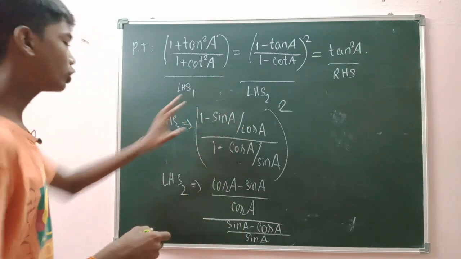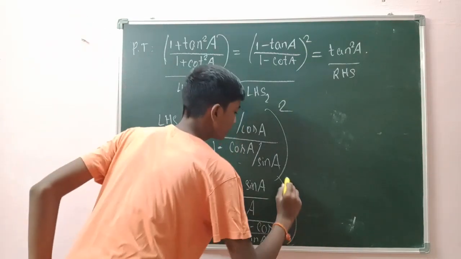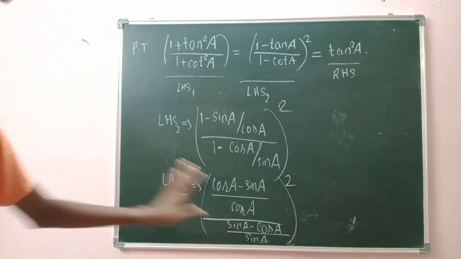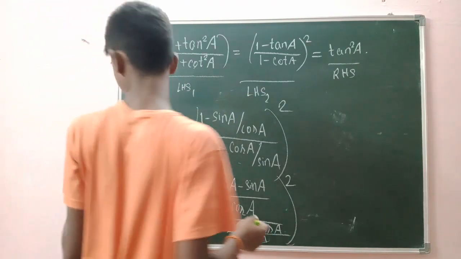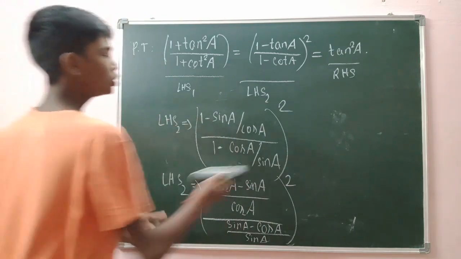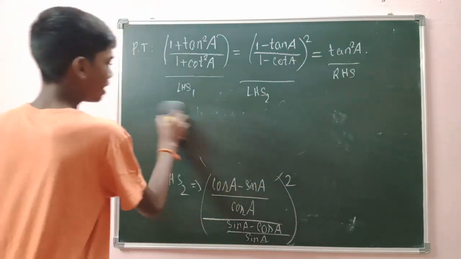Take LCM in both the numerator and denominator, and then the whole square. Correct or not? Very simple task. So now you should be very careful, don't make any calculation mistakes.